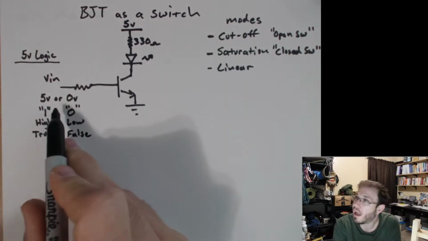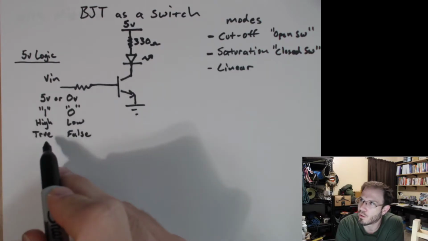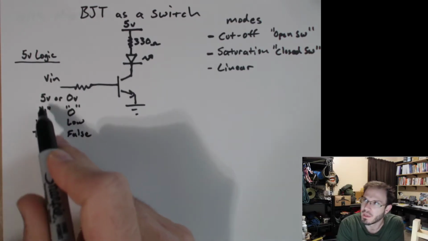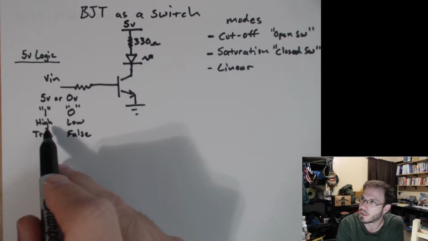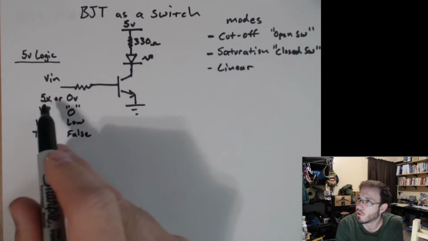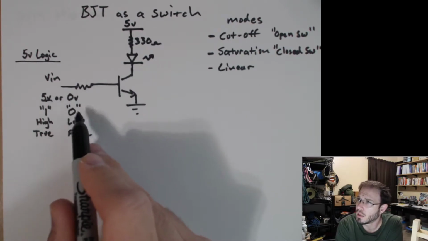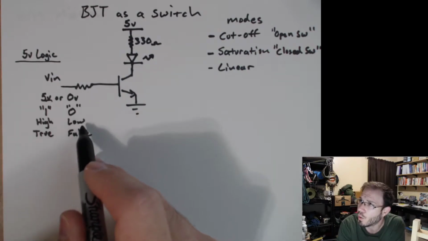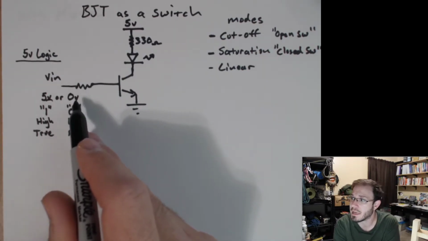So either we're at 5 volts or a logic level 1, or consider this high, or consider this to be true. However you want to think about it, as far as the circuit is concerned, what we care about is the voltage that's being applied. And similarly, for a logic level 0 or low or false, we're going to consider that input to be 0 volts.